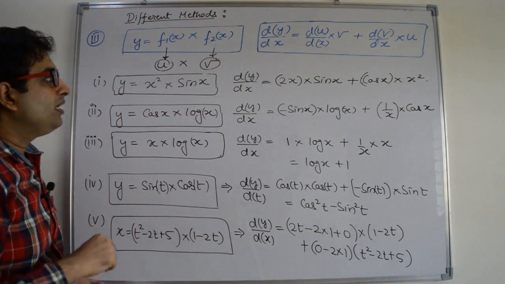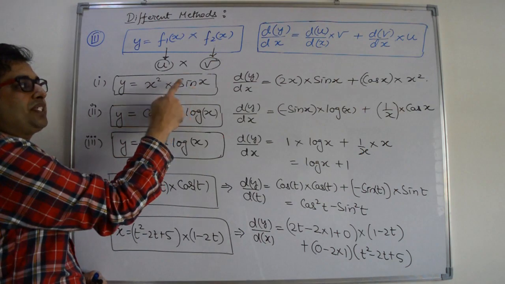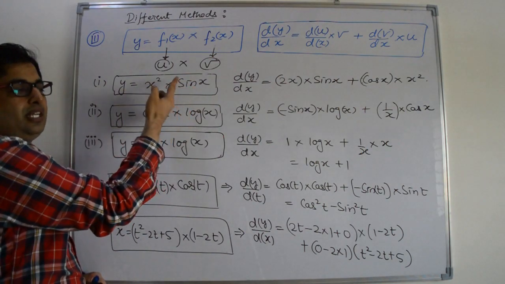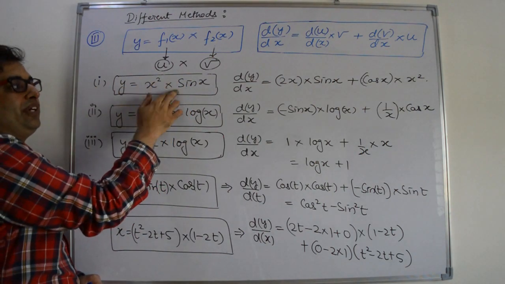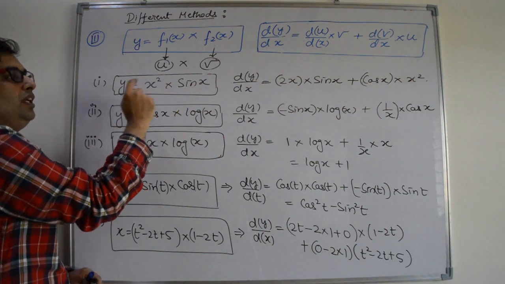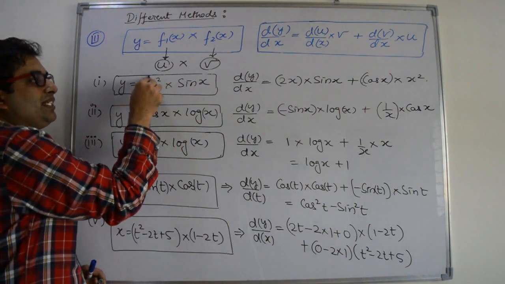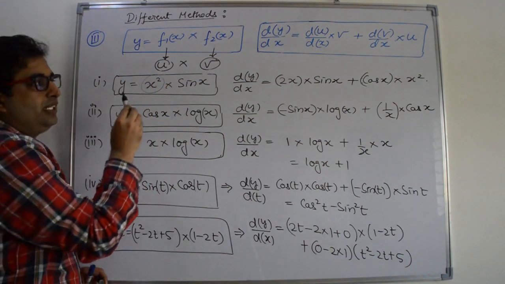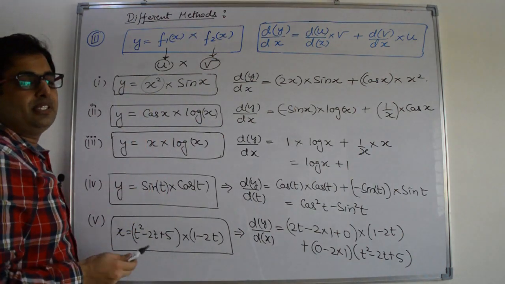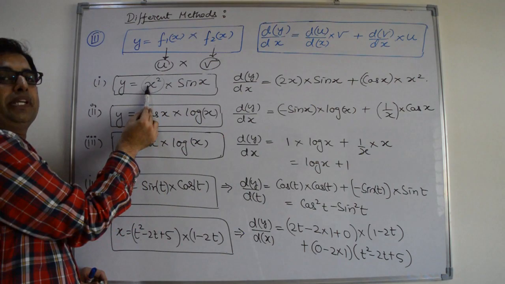Right? Let us take an example. Here x square and sin x, they are in multiplication. In the last point they were in addition. Now they are in multiplication. So how to differentiate it? You will differentiate this x square first, sin x will remain in multiplication. Then you will differentiate sin x, x square will remain in multiplication.